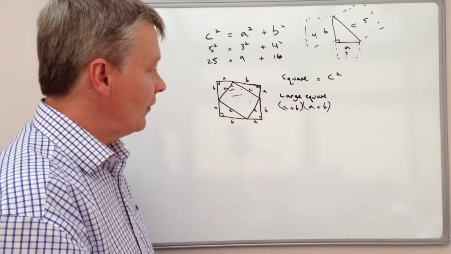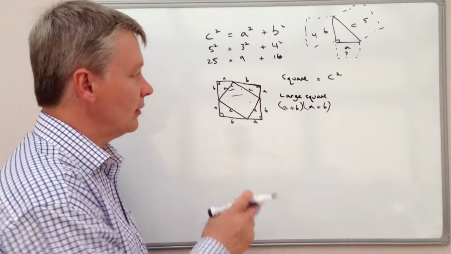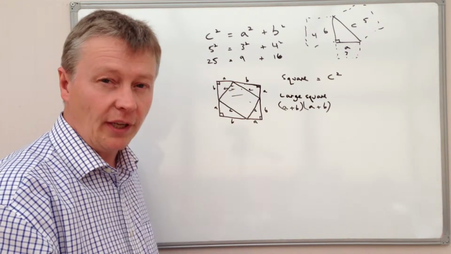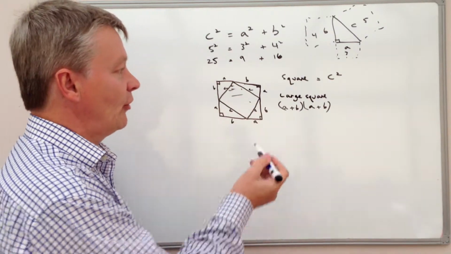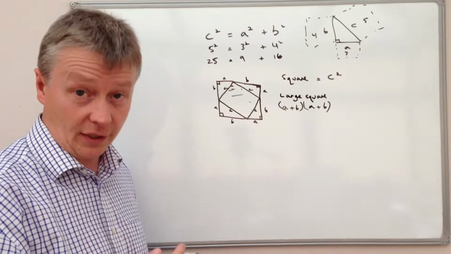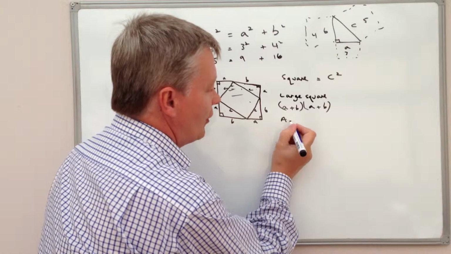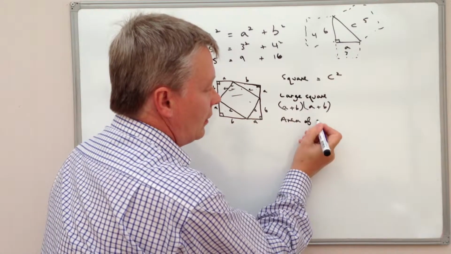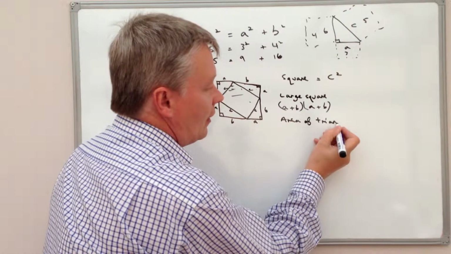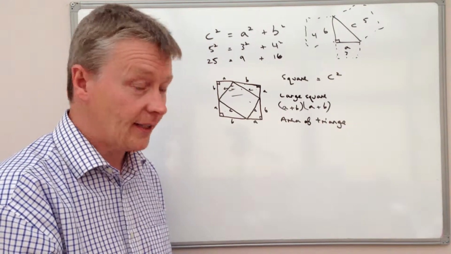Okay. Then what I'm going to do is look at the area of each of the triangles, and I'm going to multiply each of the triangles by 4, because we've got 4 triangles in total. So if we look at the area of a triangle, what we've got is a half width times height.